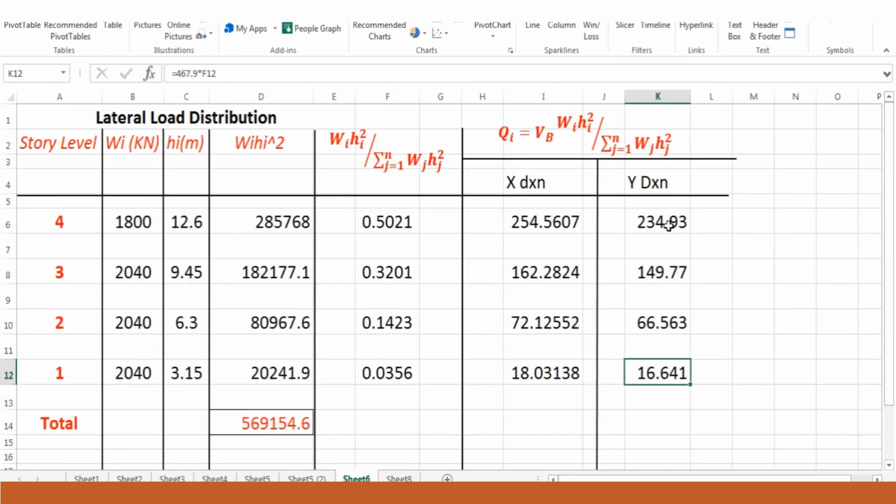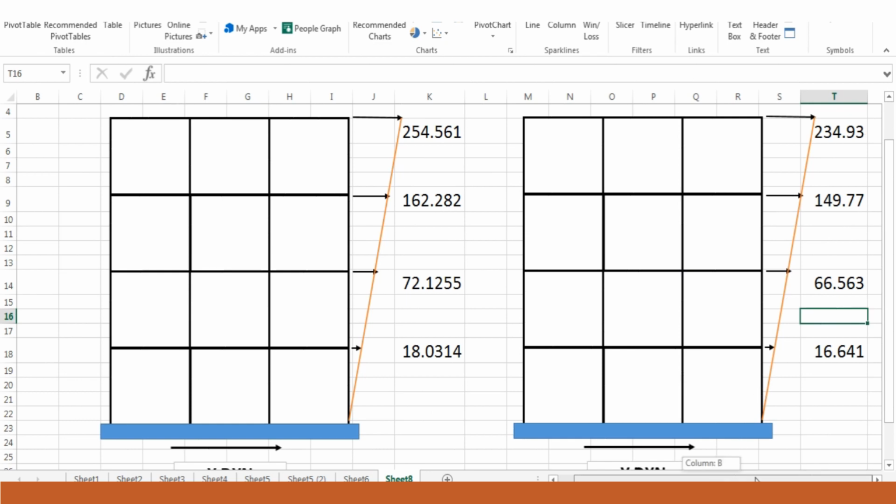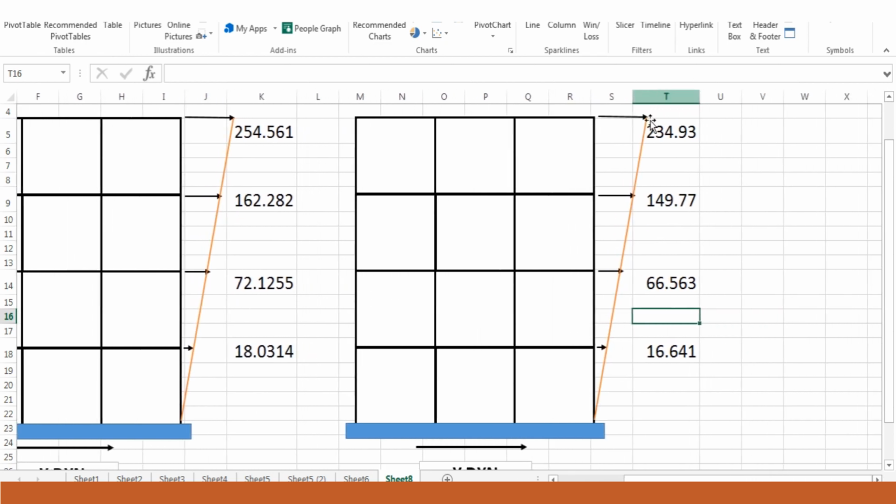In y direction, it's 234.93, 149.77, 66.563, and 16.641. So this is the lateral distribution of forces for the structure in x and y direction. So we have now analyzed the structure in the static mode for earthquakes.